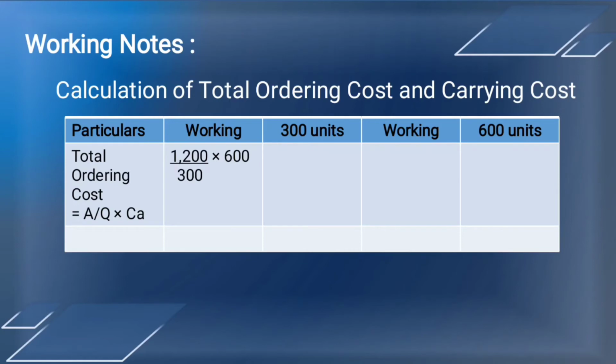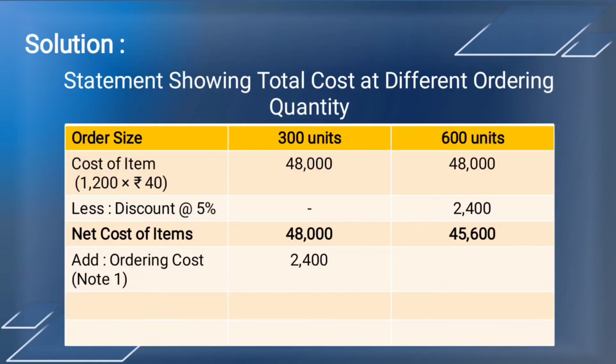So working will be A is 1200 units divided by Q, that is EOQ, which is 300 units, into CA, that is 600. So the amount will be 2,400 for 300 units. So we'll record it rupees 2,400 under 300 units.